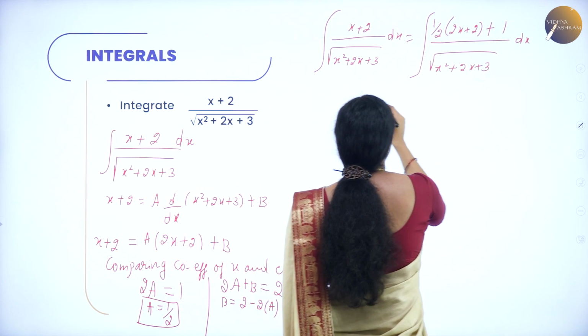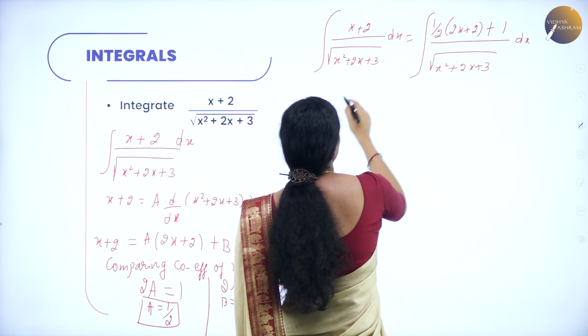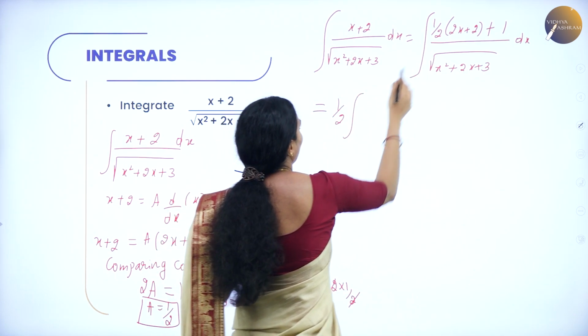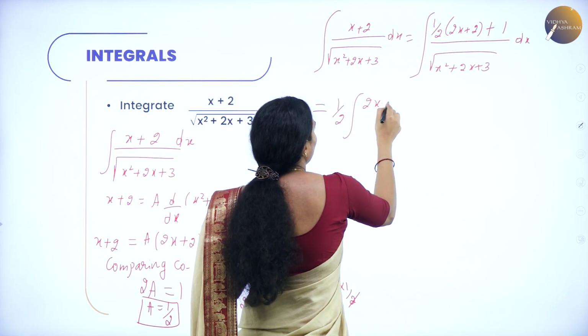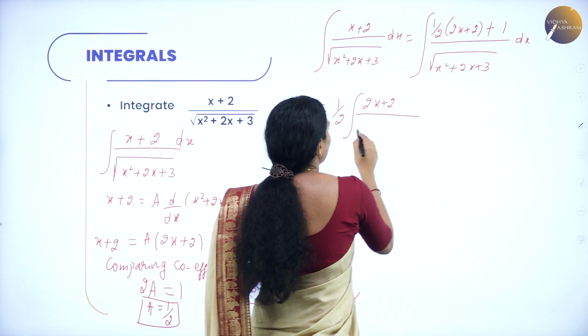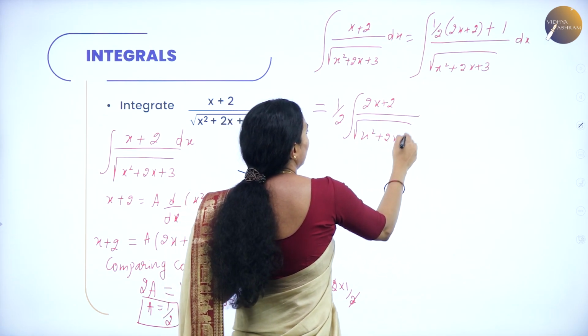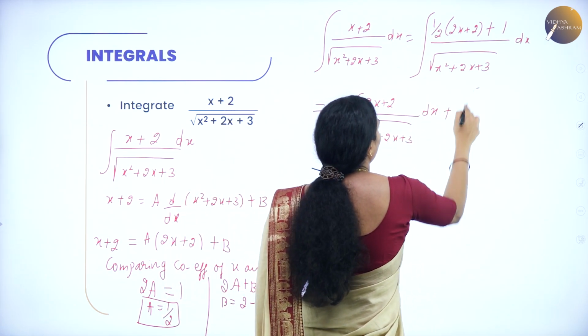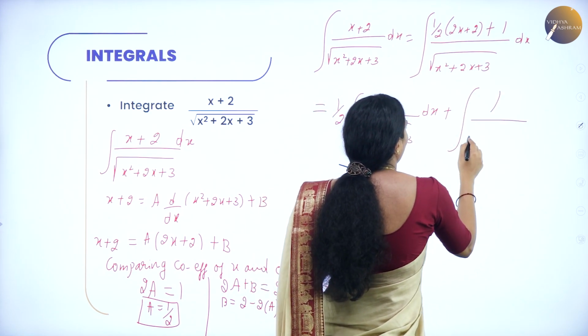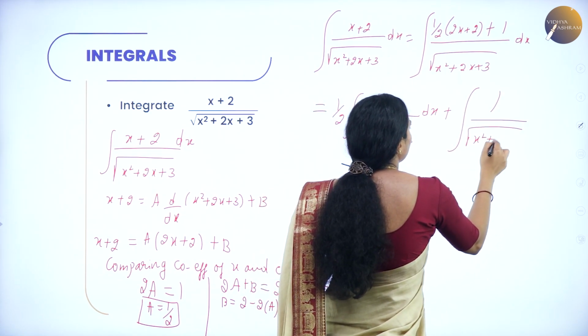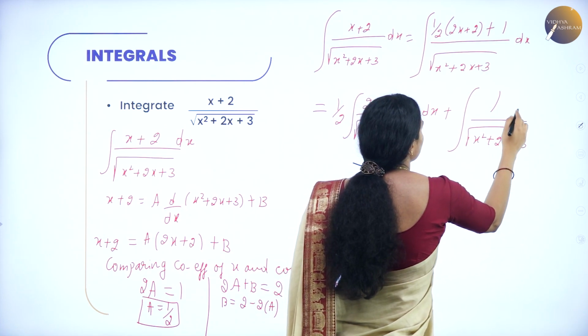Now segregating the integral, 1 by 2 is a constant, I can take outside: integral of 2x plus 2 divided by under the root of x squared plus 2x plus 3 into dx, again plus 1 into 1 divided by under the root of x squared plus 2x plus 3 into dx.